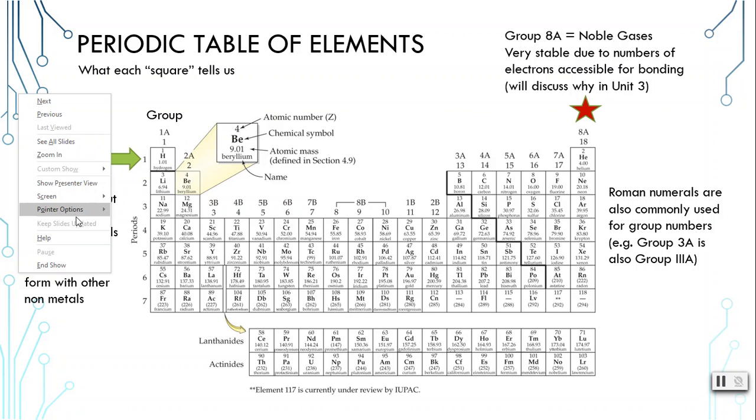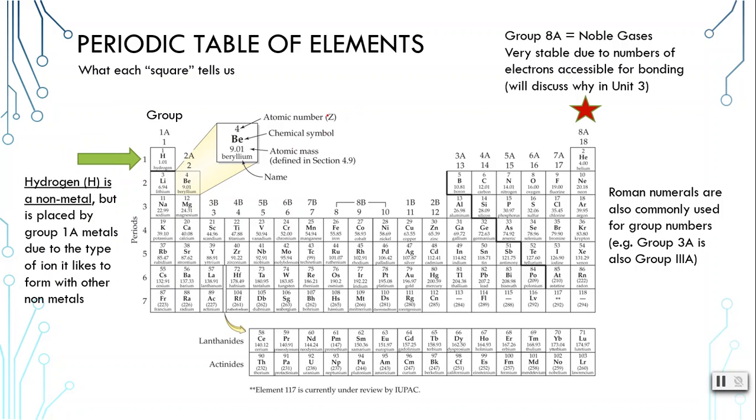Atomic number is given the variable Z. I finally found out it's based on Z because of the German word for atomic number. What you need to know is that the atomic number for an element is always, always, always equal to the number of protons in an element. And that makes sense because when you look at the periodic table, each element has its own unique atomic number.